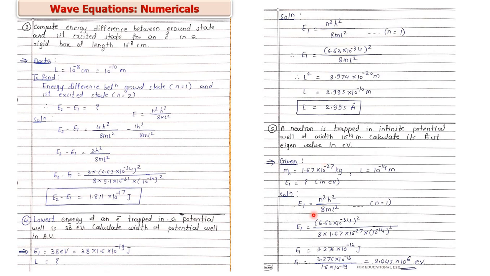So n is equal to 1 here. But see the particle. Which particle is given here? Neutron. So you have to use mass of neutron. By using the same formula you can find out E1. Here you will get it in joule. I have converted into electron volt. Okay, so carefully see which particle is given in the numericals and you have to use mass of that respective particle.